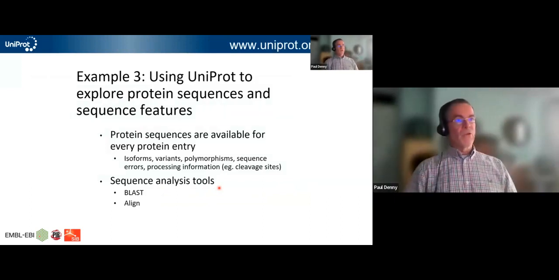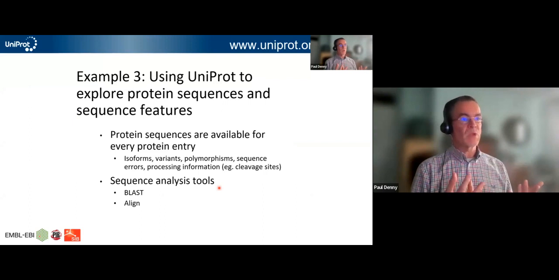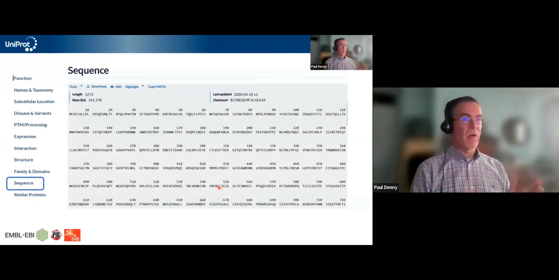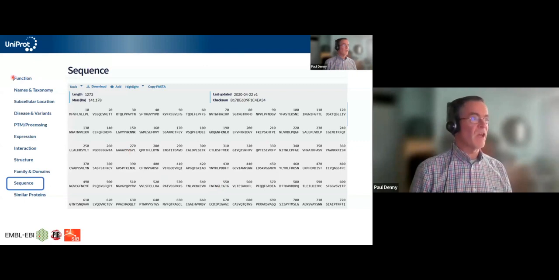Now, moving on to ways of exploring the sequences in an entry. This is now a different entry that I'm switching to, but down the left-hand side here, for this entry, I've shown the toolbar, the sidebar, and highlighted sequence.